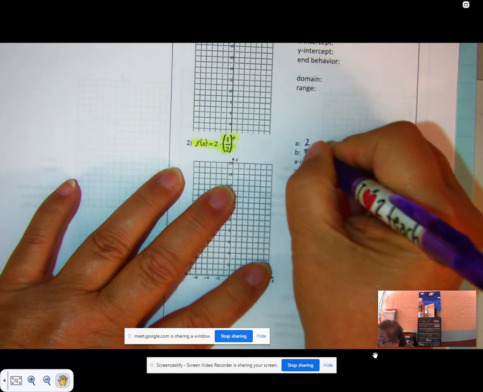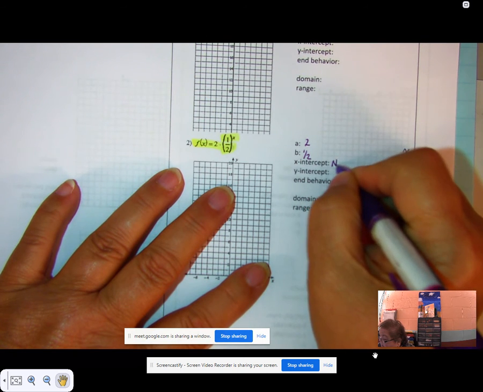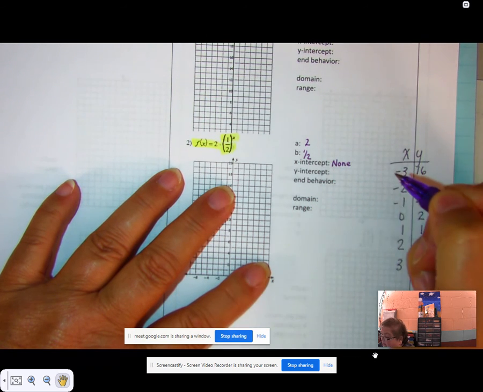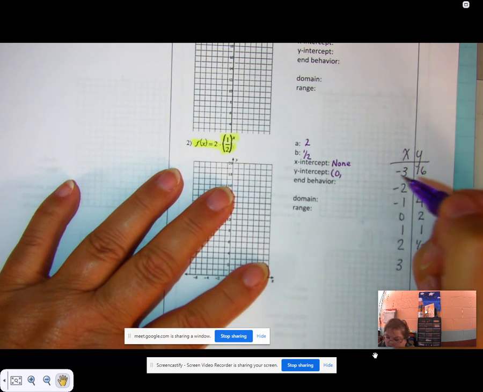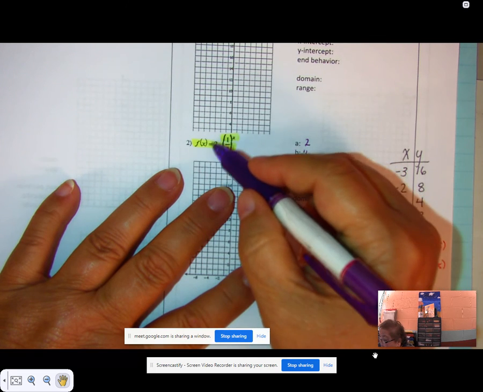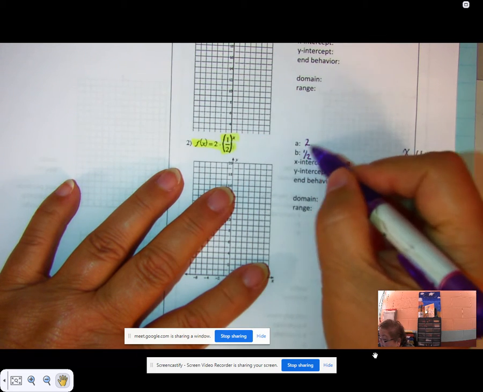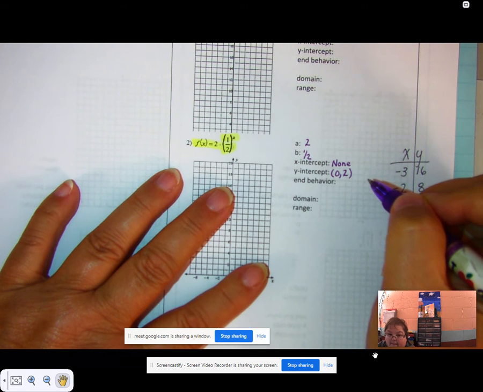The value of b is 1/2. The x-intercept is none. The y-intercept, starting with 0, because 0 has to be the x value. And looking at this, my a is my y value.